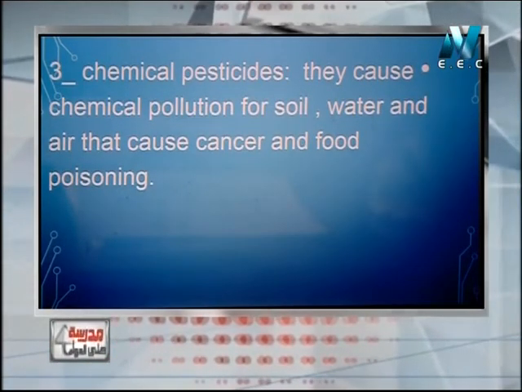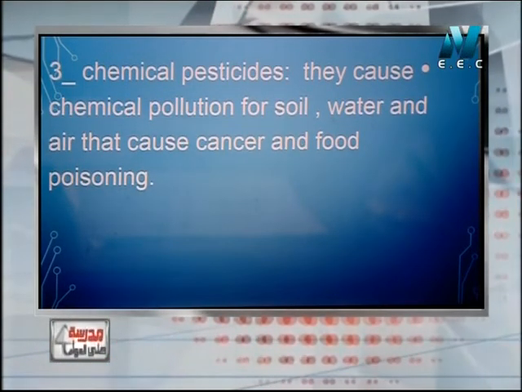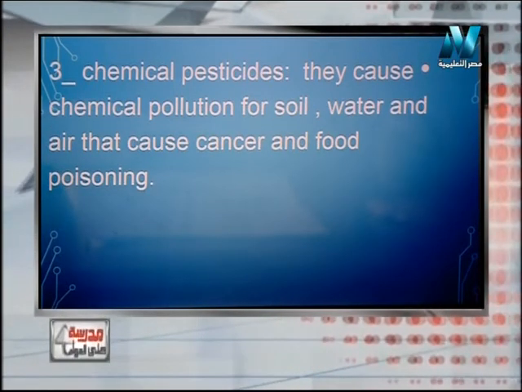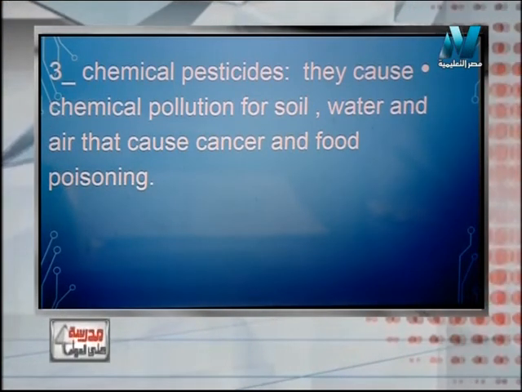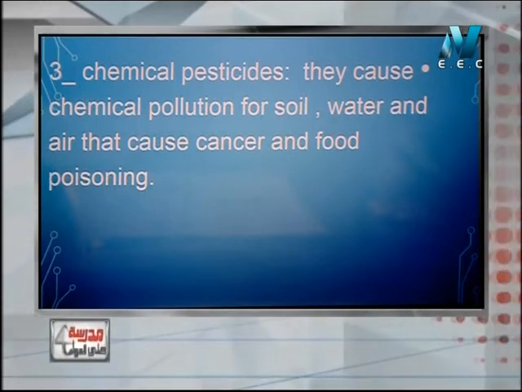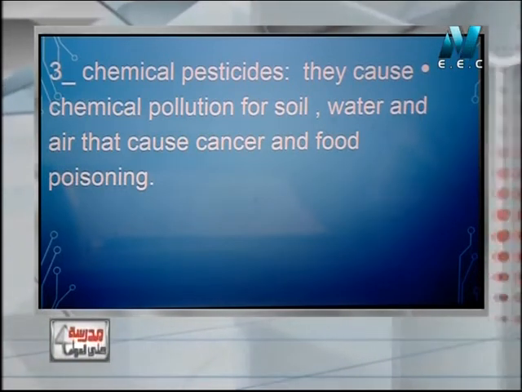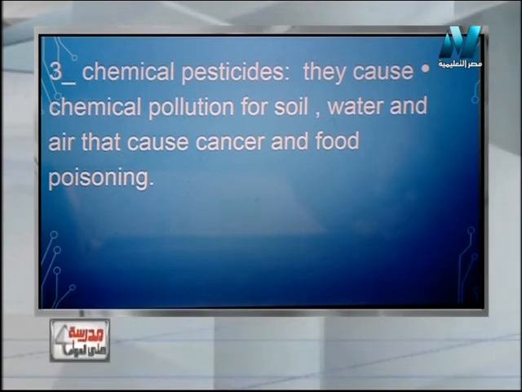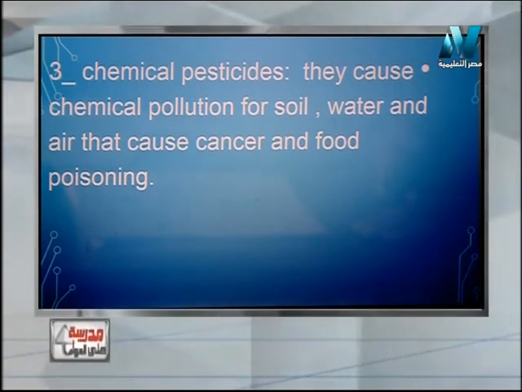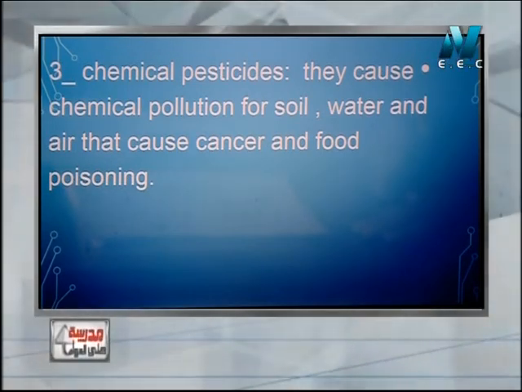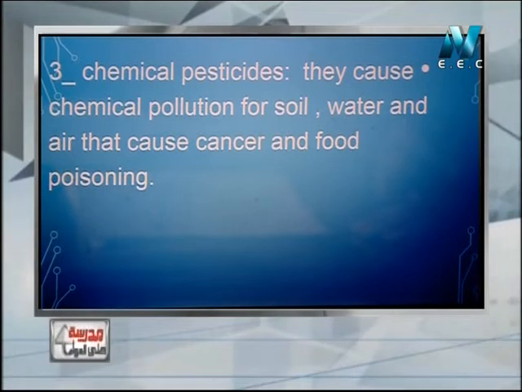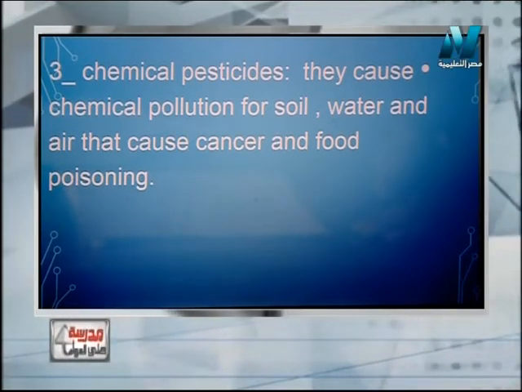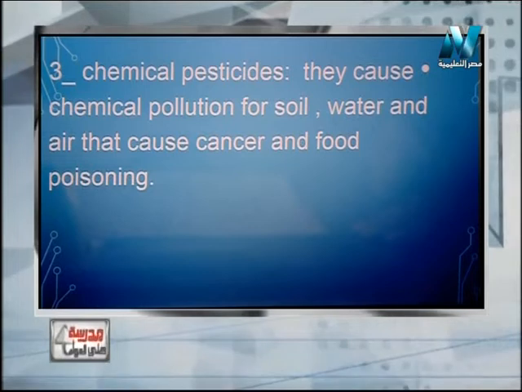Number 3, chemical pesticides. Some farmers need pesticides to kill some insects that cause harm to their plants. So they use pesticides. Pesticides cause chemical pollution for soil, water, and air, and sometimes they cause cancer and food poisoning.